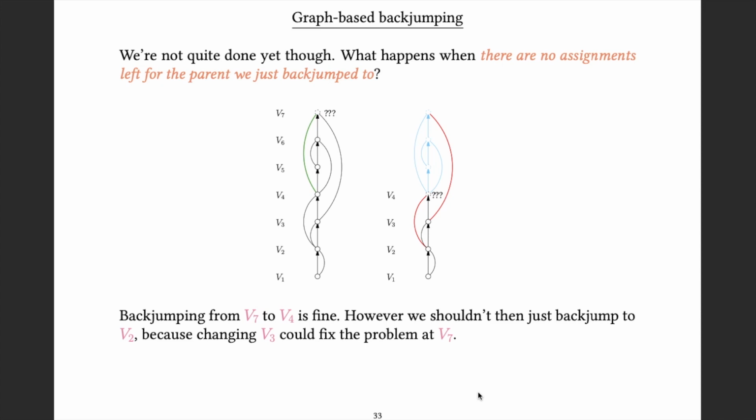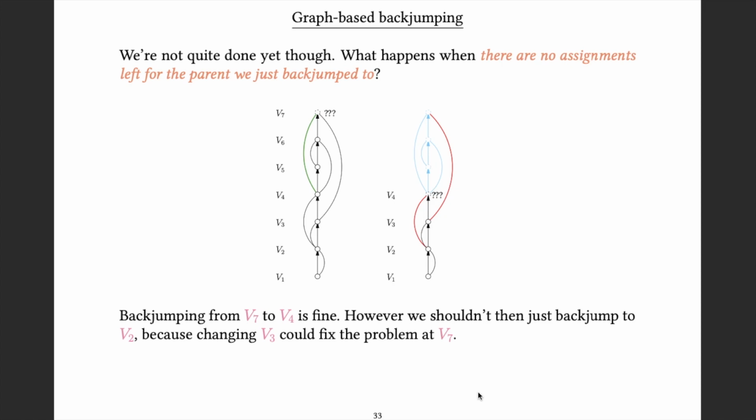And on the right, I've tried to illustrate precisely why that is. If we're interested in what happens at v4, having back jumped there and having found that there's nothing left we can try, back jumping to its parent would take us back to the 2nd variable v2.